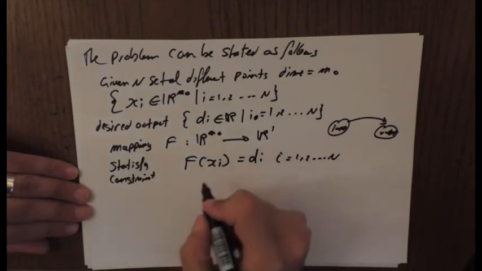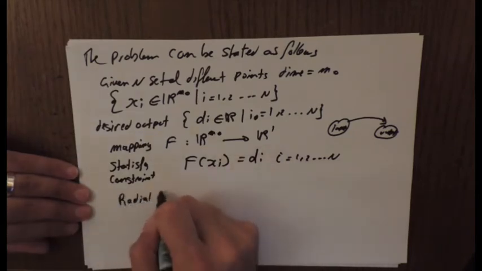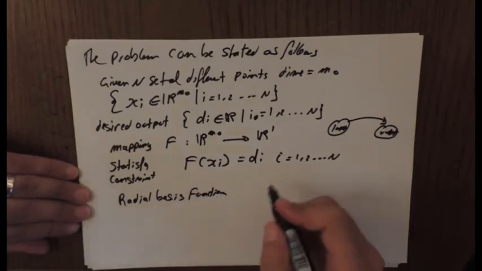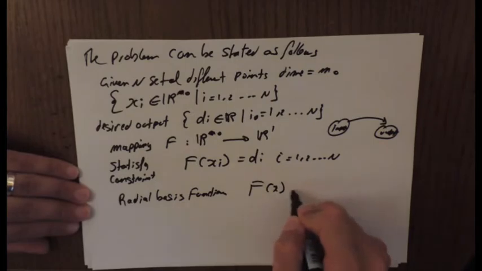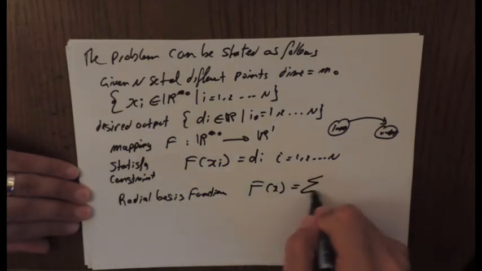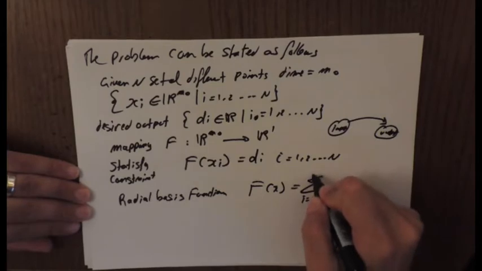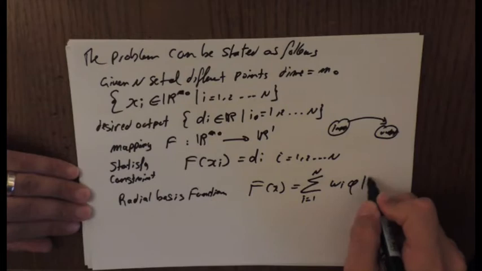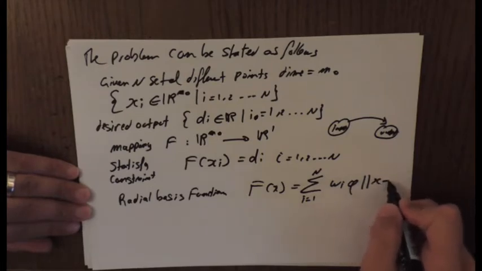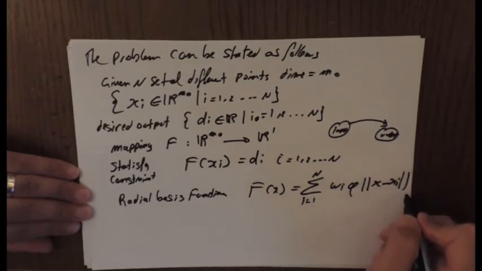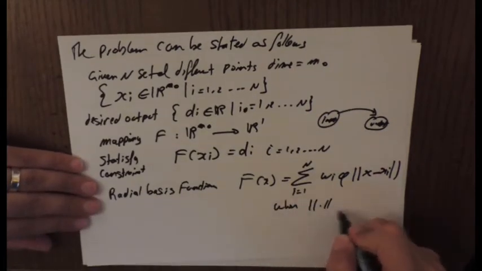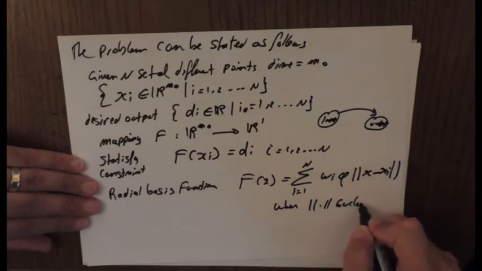So using radial basis functions, f of x can be looked at as the summation for i equal 1 to n of wi phi of the norm of x minus xi, where this operator is the Euclidean norm.